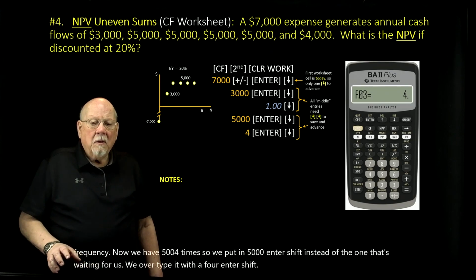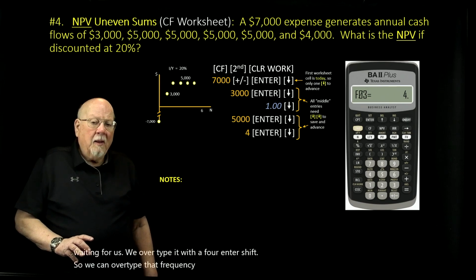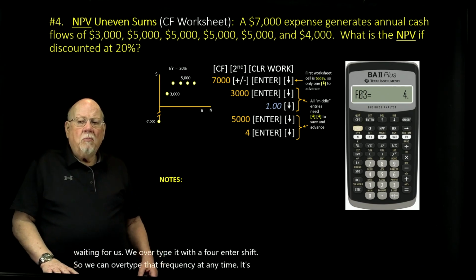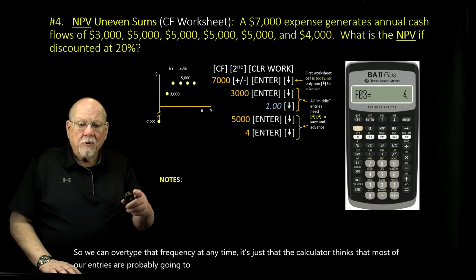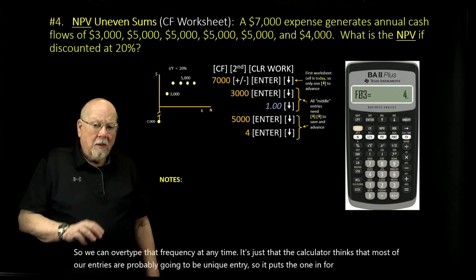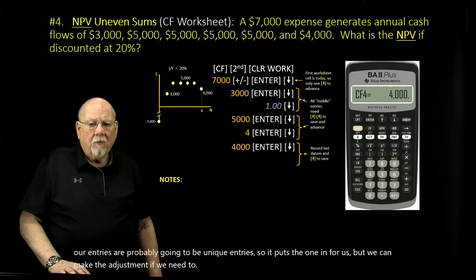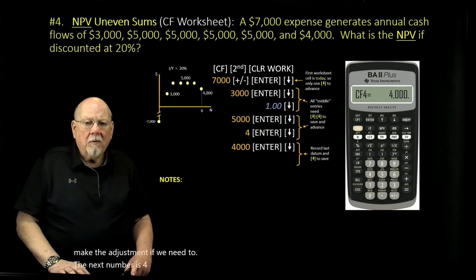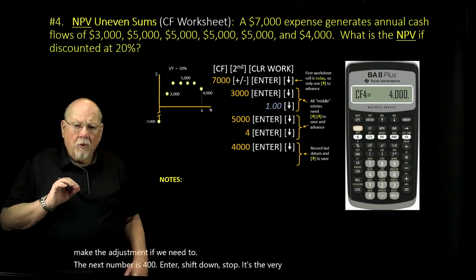So we can overtype that frequency at any time. It's just that the calculator thinks that most of our entries are probably going to be unique entries, so it puts the 1 in for us. But we can make the adjustment if we need to. The next number is 400. Enter, shift down, stop. It's the very last number in the array.